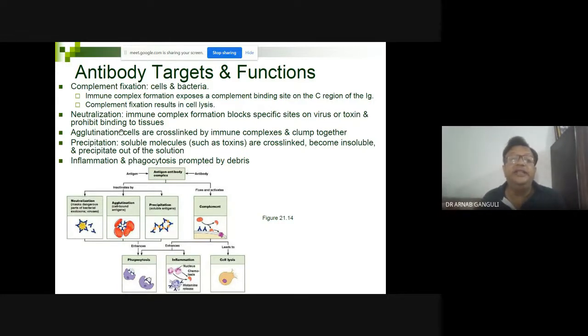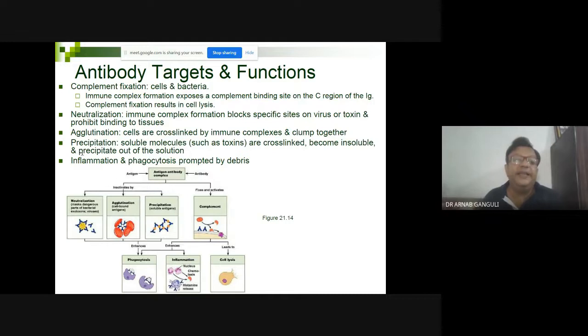Then agglutination. Cells are cross-linked by immune complexes and clumped together. We will see the photo right now. Many of these viruses and bacteria which have entered are clumped together, so they are not moving about freely throughout the body.